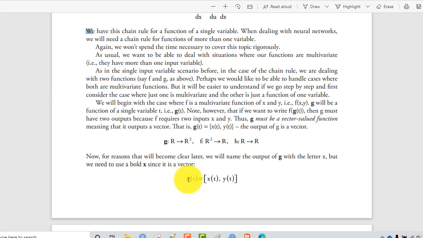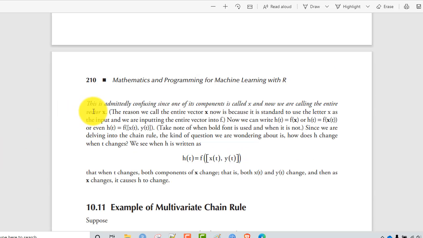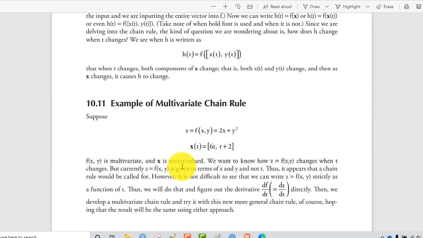So this bold x is a function of two things, x and y. And then I point out in the text that this is admittedly confusing since one of the components of the vector x is also called x. So, okay, with this scenario, let's take an example.